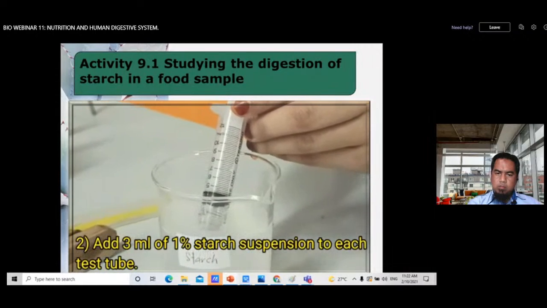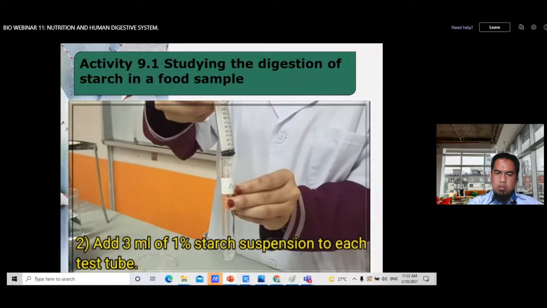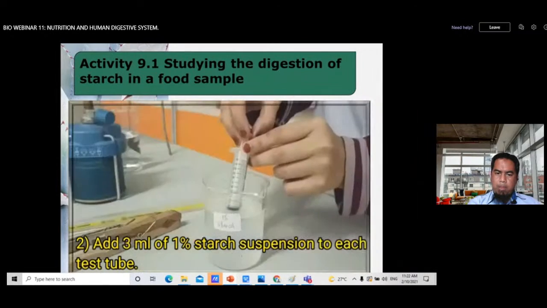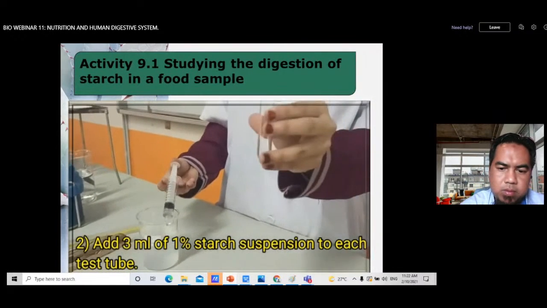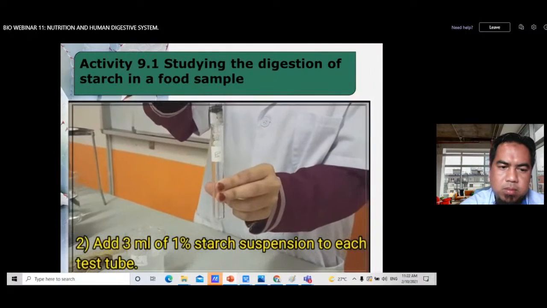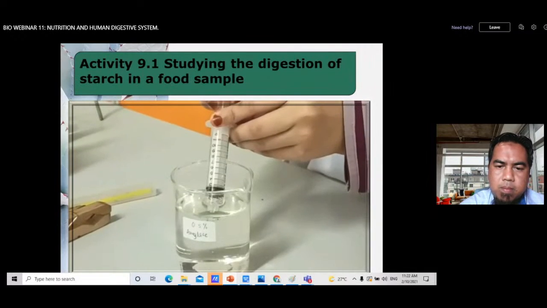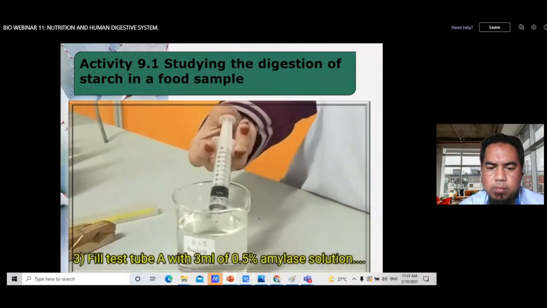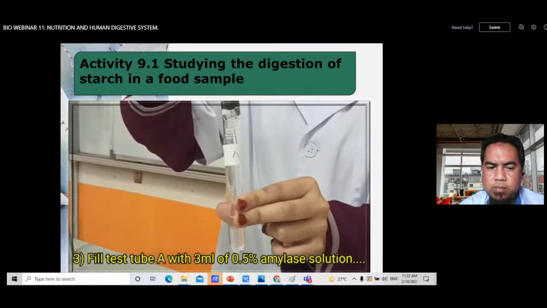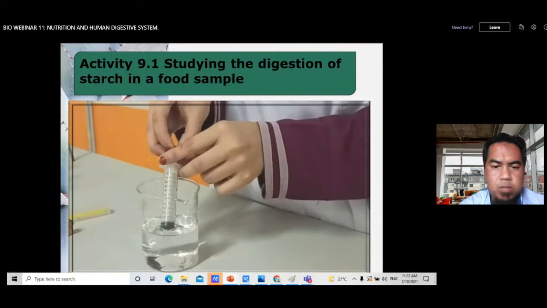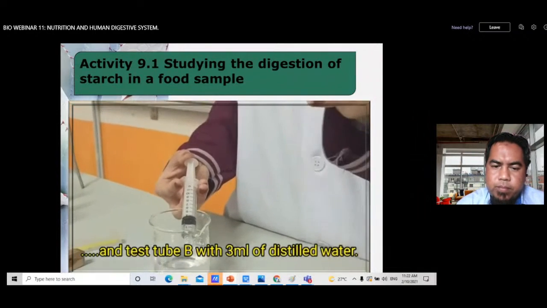Then, add 3 ml of 1% starch suspension to each test tube. Fill test tube A with 3 ml of 0.5% amylase solution and test tube B with 3 ml of distilled water.